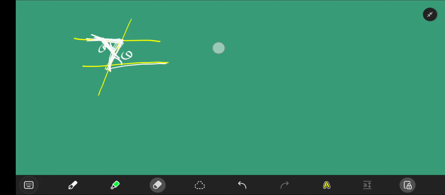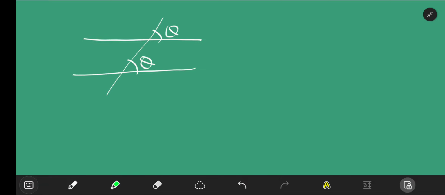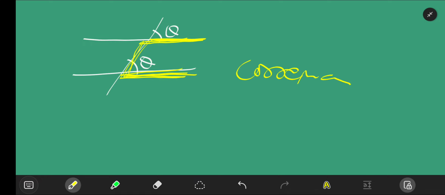And with corresponding angles also we have a trick. Suppose these are two parallel lines and this is the transversal line. Now this angle is equal to this angle. That is what corresponding angles means. Here it is making a C, touching this angle and this angle. C means corresponding angles.